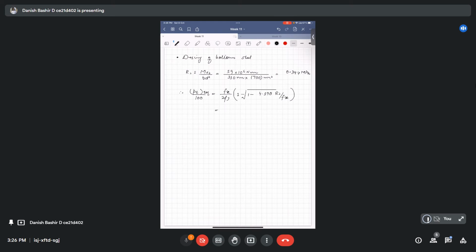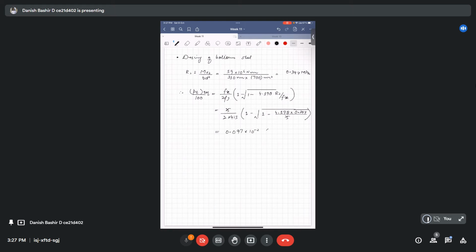Plugging in all the values, 25 divided by 2 times 415 times 1 minus square root of 1 minus 4.598 times R2, which is 0.344, divided by FCK, which is 25. When we calculate this value, it comes out to be 0.097 times 10 power minus 2.